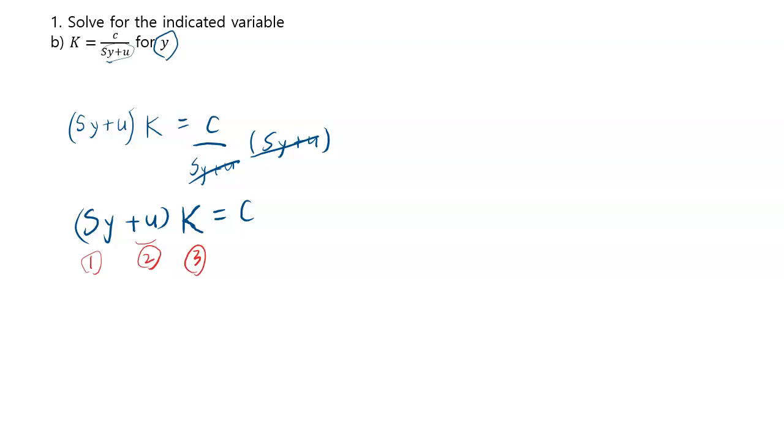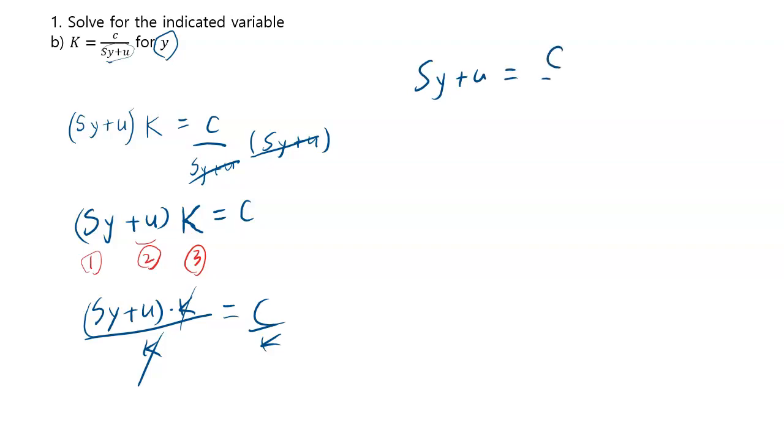So we're going to start removing stuff from y, doing the reverse order, which is sy plus u times k, and then you divide both sides by k. So I'm getting rid of k first. So both sides are divided by k, but this k is gone. Then the result is sy plus u equals c over k.